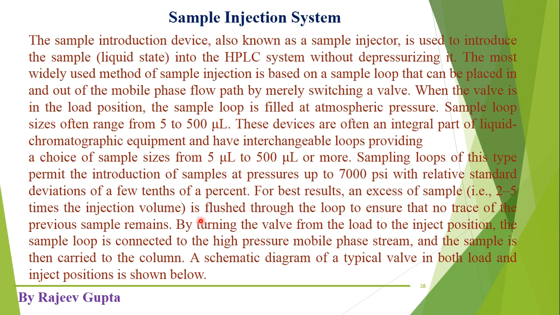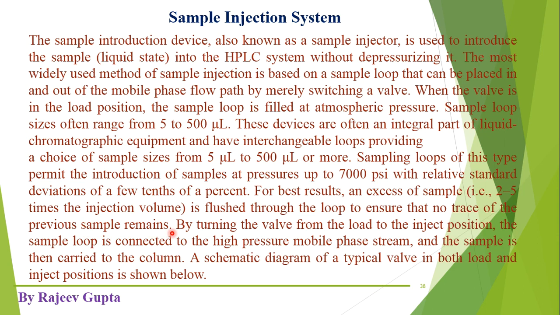An excess of sample, 2 to 5 times the injection volume, is generally injected into this loop, and the extra sample solution will be flushed through the loop to ensure that no trace of the previous sample remains.